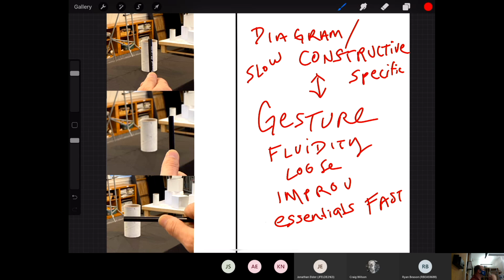But as you become more fluent with that, it becomes ingrained in you, and you only need to use those constructive line techniques when you run into problems, when you're like, something's wrong and I can't figure it out. Okay, let me measure the height and the width. You follow what I mean? So we're going to kind of ease into gesture, but just recognize that you're still looking for the same thing.